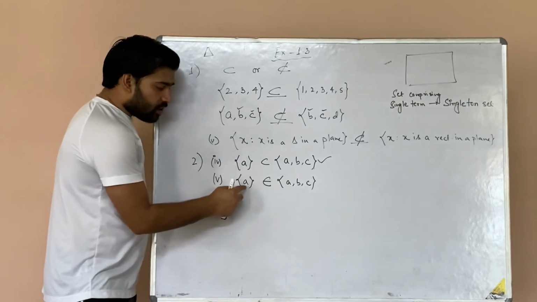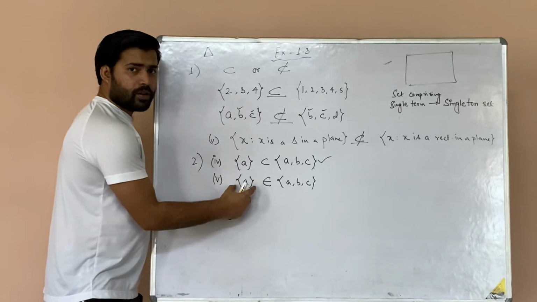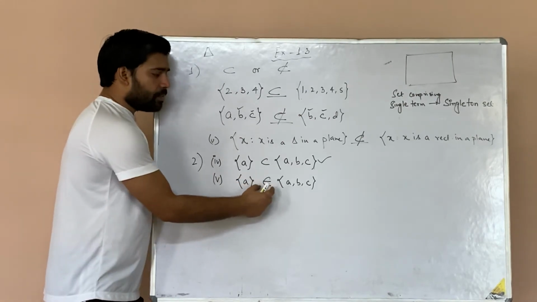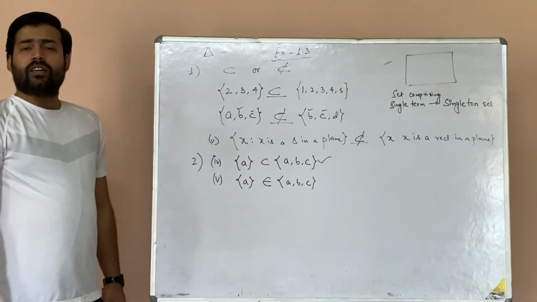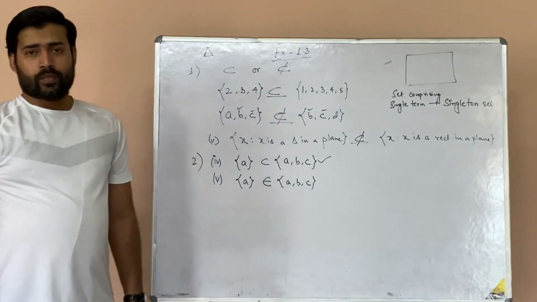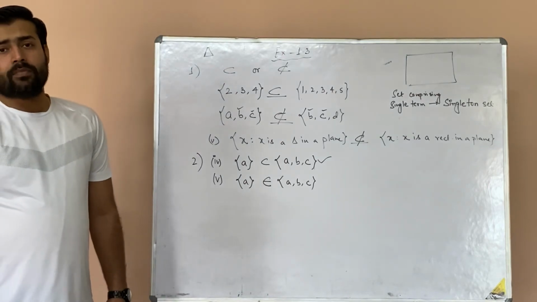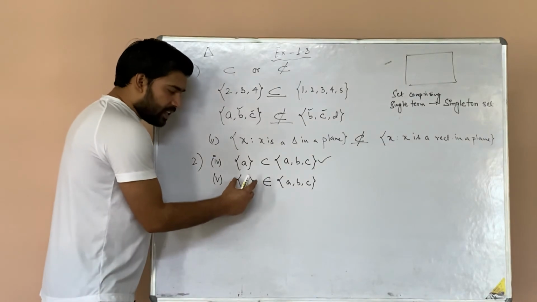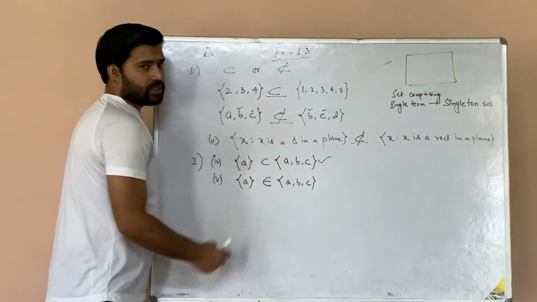Now this is not a member. This is what they are talking about, the whole family, the whole set. The whole set cannot be an element of another set unless that other set is a power set. So this particular set cannot belong to this thing.